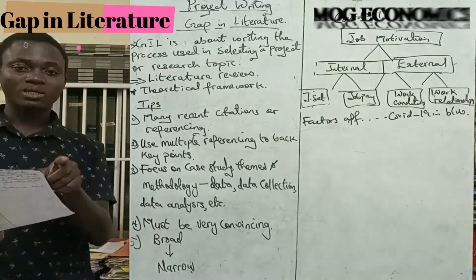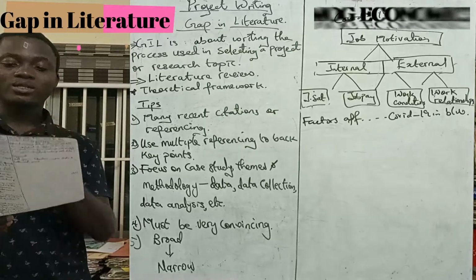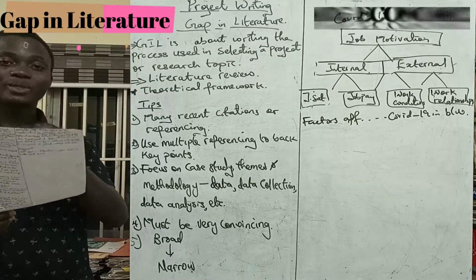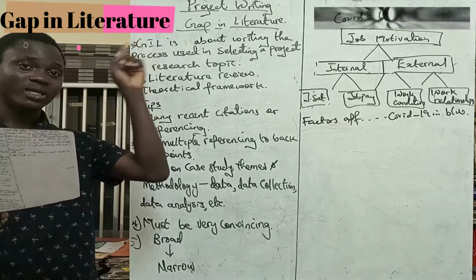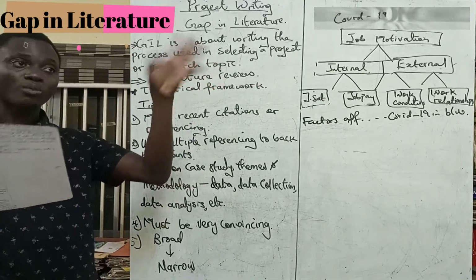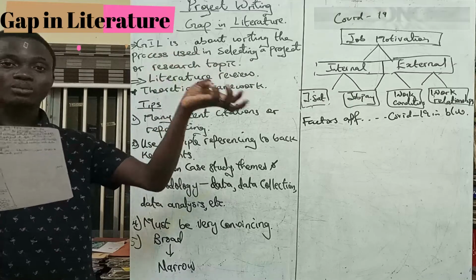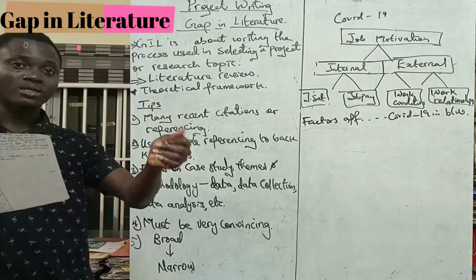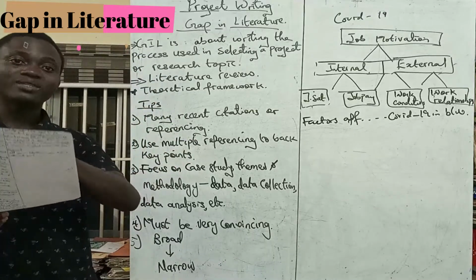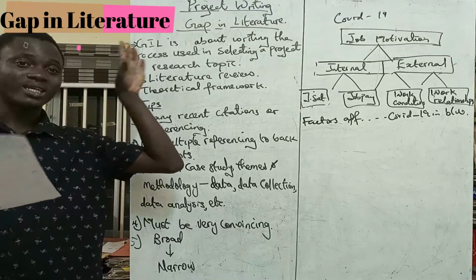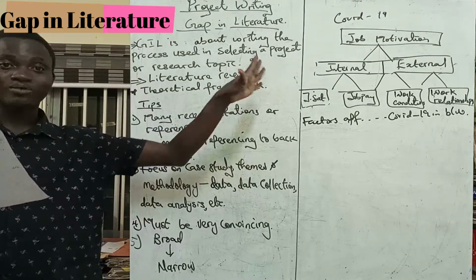Okay, and I need to tell you that whatever citation you are doing in this particular section must have been in your literature review, in either your methodological review, your theoretical review, or your empirical review. Do you understand? So it's not as if you are citing different things here, and the journals you cited here cannot be found in the other parts of your literature review.